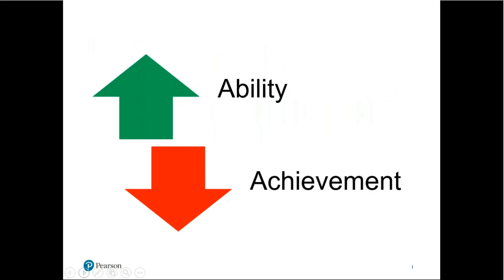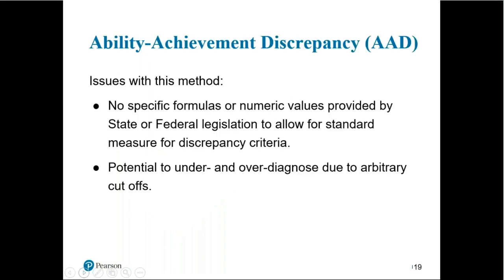Now, with this method, we were basically looking for an average or above full-scale IQ, so that's our green arrow there, our ability measure, and we were comparing that to a low achievement score, as you can see with the red arrow there. And as I said, it was based on a statistical comparison. The problem with that, however, is that when this method was proposed, federal regulations in both the US and in Australia didn't outline any specific formulas.